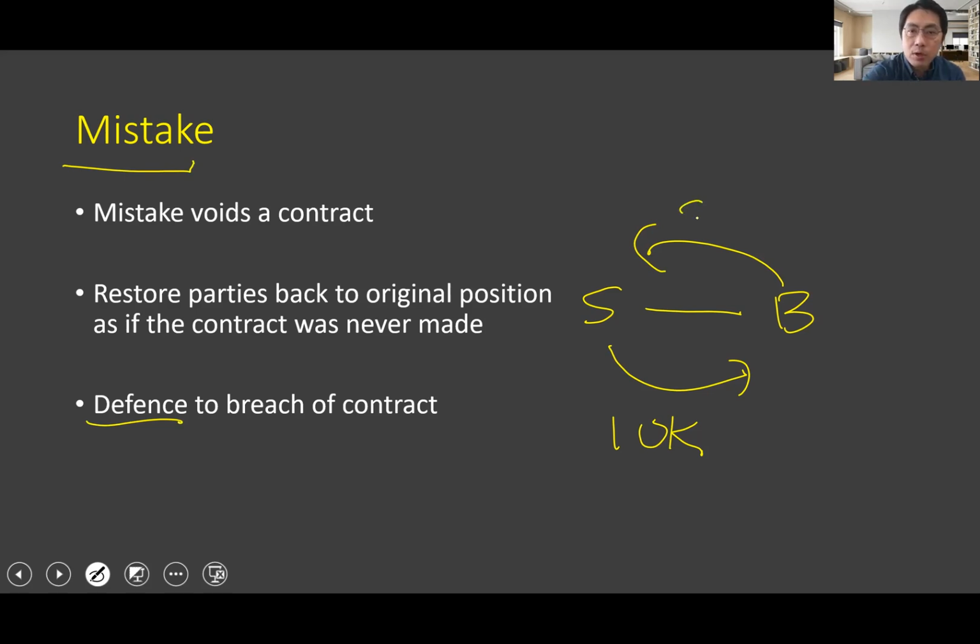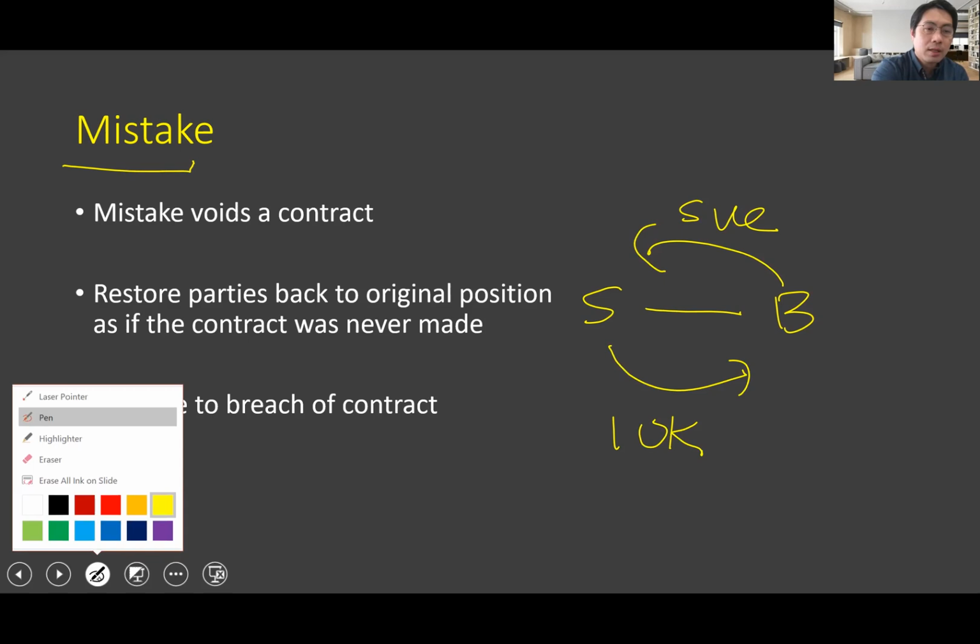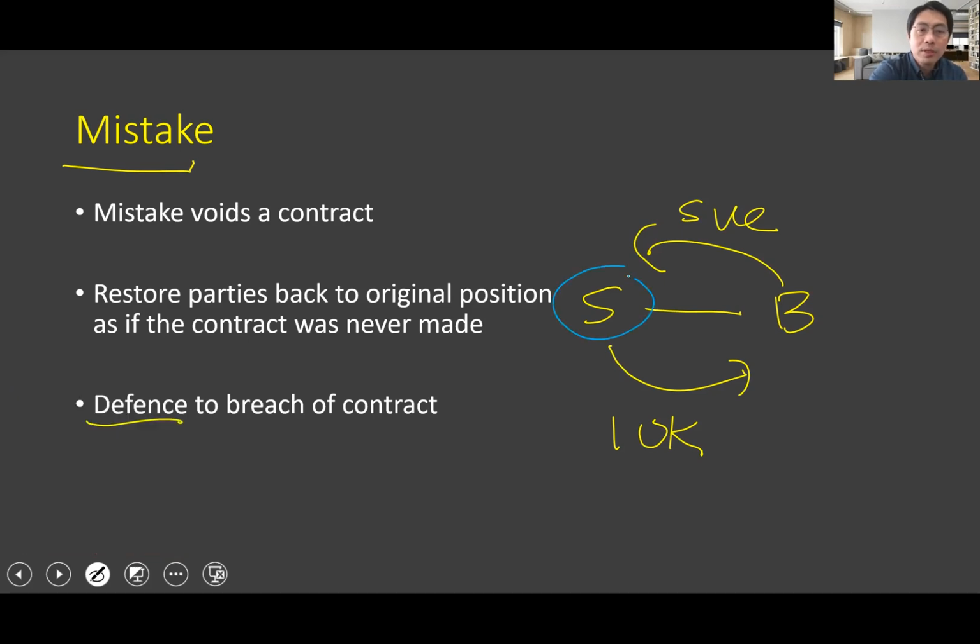The buyer may wish to sue for breach of the agreement, claiming that he has placed an order, perhaps even given a deposit, and the buyer would insist that the goods are delivered, otherwise he will sue for breach of contract. And that is where the seller will want to argue mistake as a defense, saying, well, I made a mistake. The goods are actually not $1,000, but $10,000.